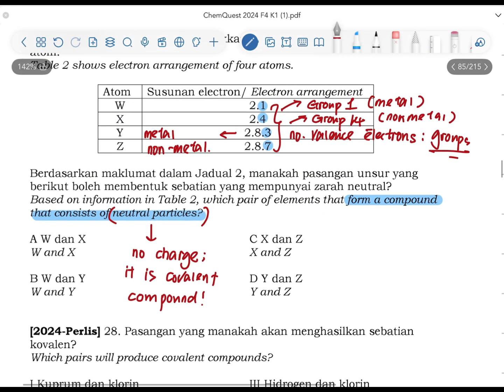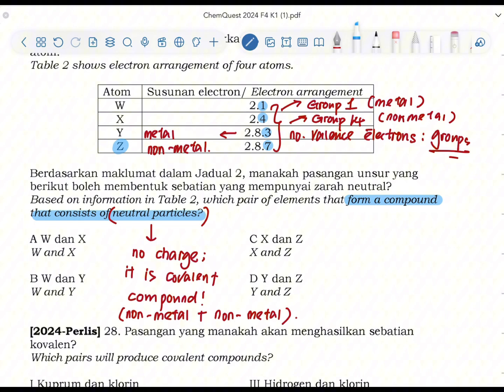For a covalent compound, it must be formed by the sharing of electrons between one non-metal and another non-metal. So we focus on Z, a non-metal, and X, another non-metal. So our answer will be X and Z.